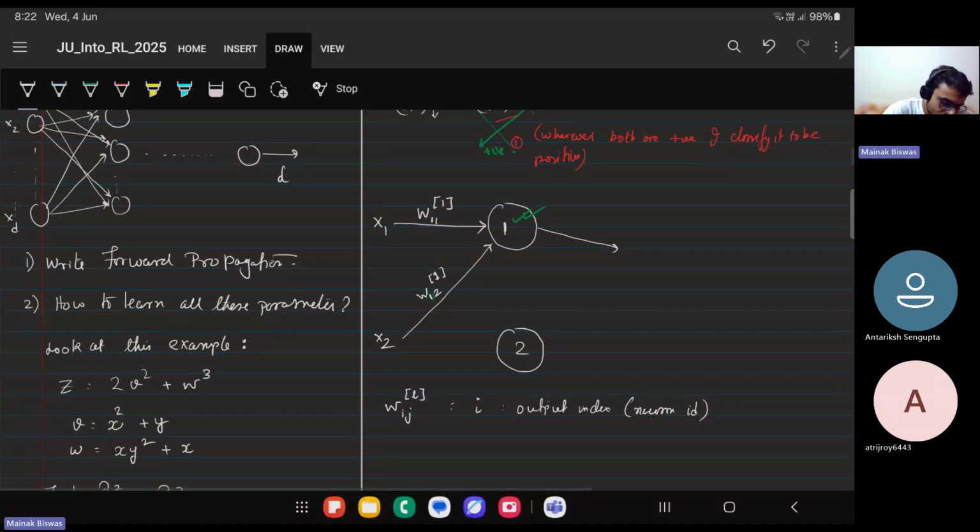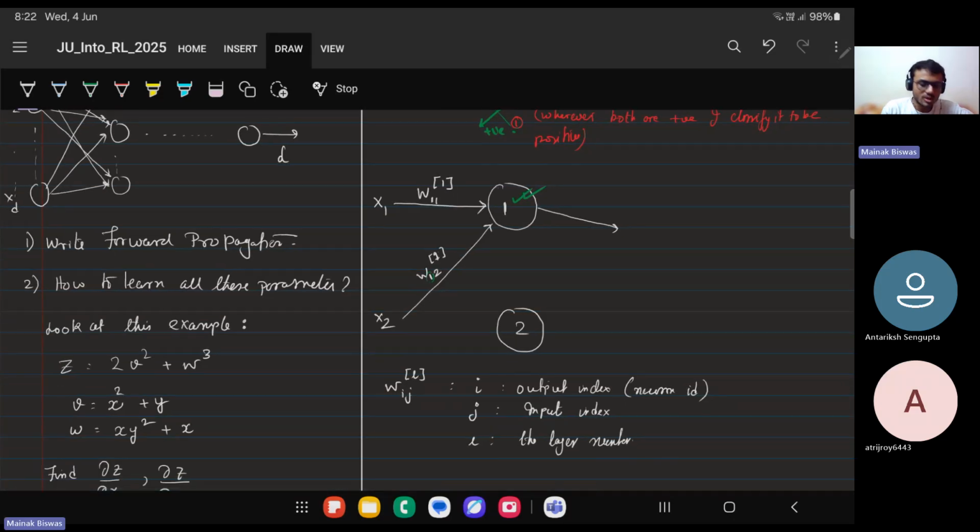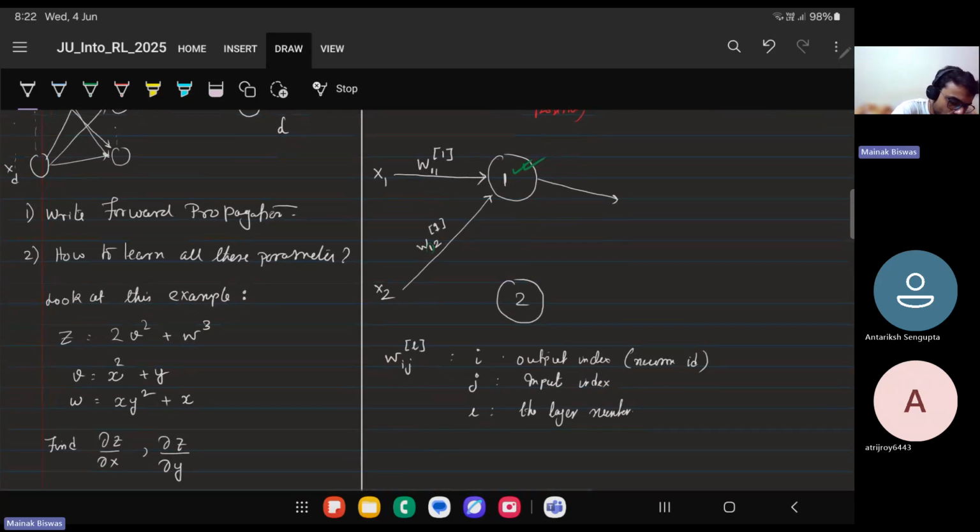What will j be? The input index. And L will be the layer number. Now please follow me, otherwise it will be difficult to understand. This is a bit of a calculation, so if you don't follow, it's going to be difficult.